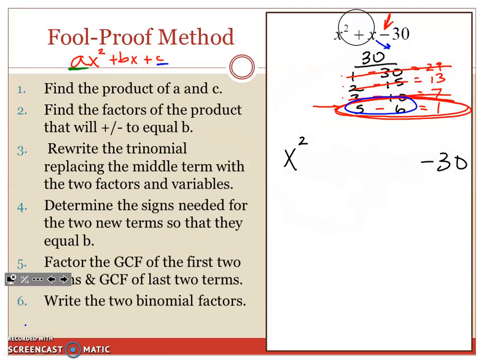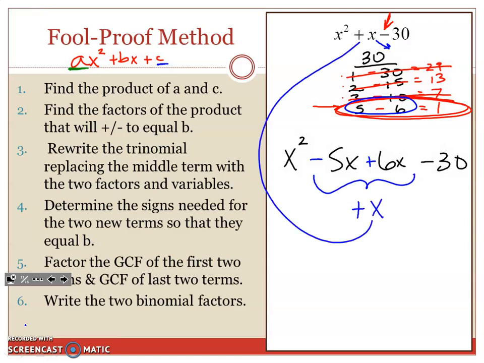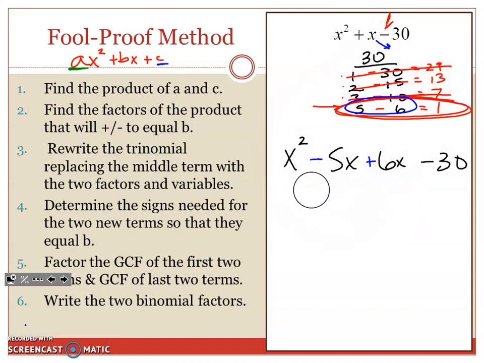So I'm going to try the other option. Well, the other option would be if I had a positive 6 and a negative 5. Positive 6 and negative 5. So check. If I added those two together, that would give me a positive x, which is what I wanted. So that's the signs that I need to have then.